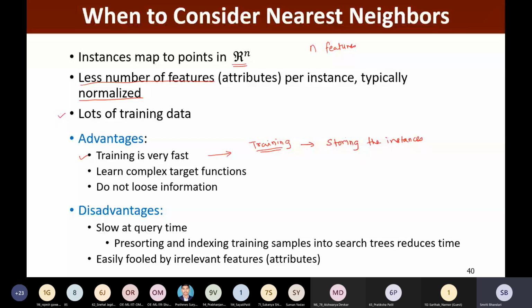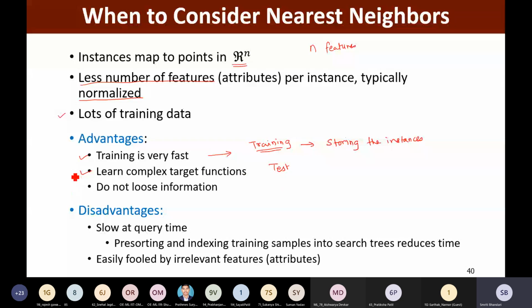So we are not at all manipulating in the training phase. The training phase is very fast; we are simply storing the instances. This KNN algorithm, or the nearest neighbor algorithms, may help us learn complex target functions. In testing, we simply find the distances, and based on those distances it is possible for us to predict.